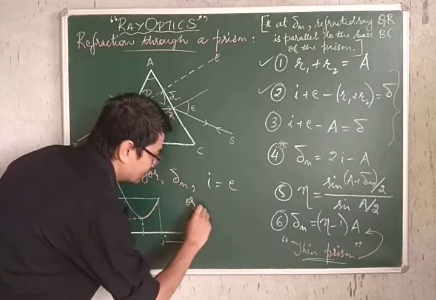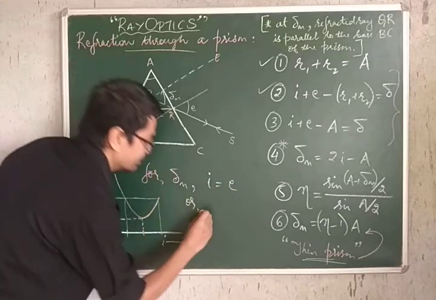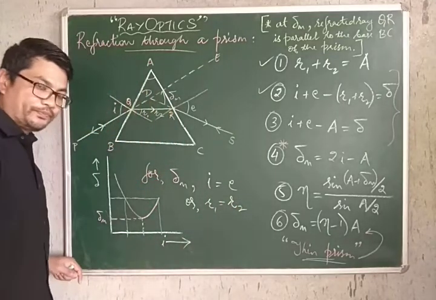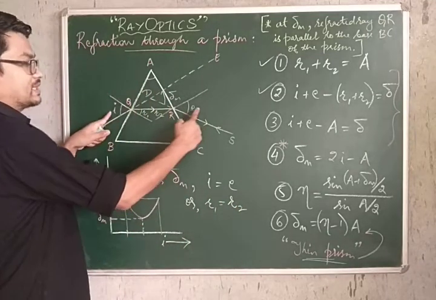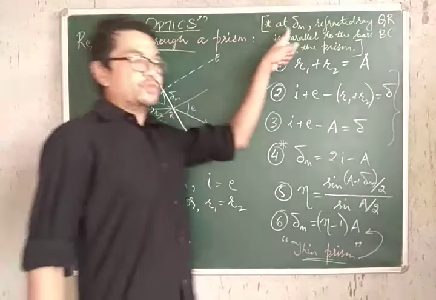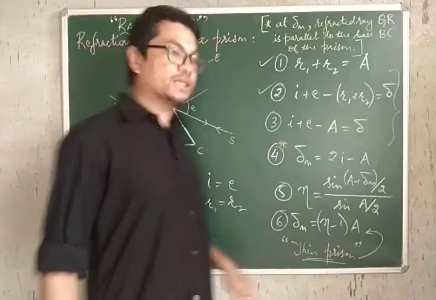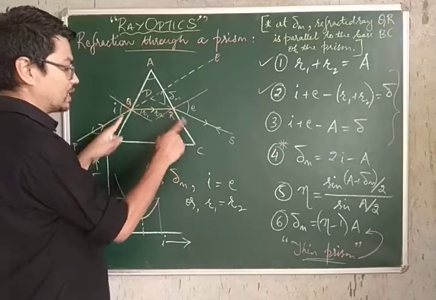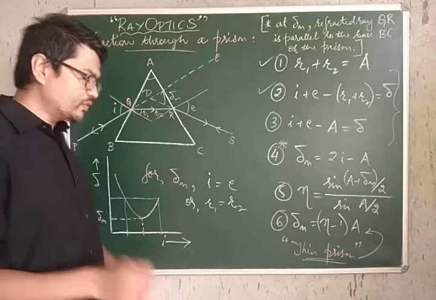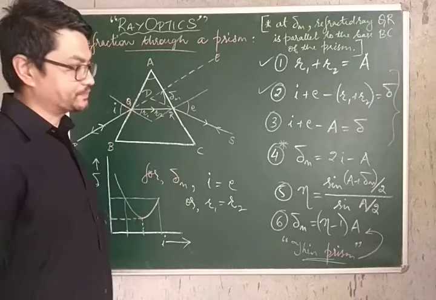For this case, we also see that R1 is equal to R2. Since I is equal to E and R1 is equal to R2, for the case of minimum deviation the refracted ray QR will be parallel to the base of the prism. This is specifically only for the case of minimum deviation, remember that.